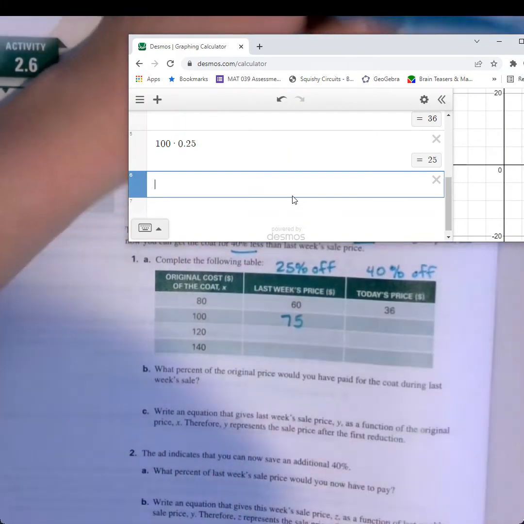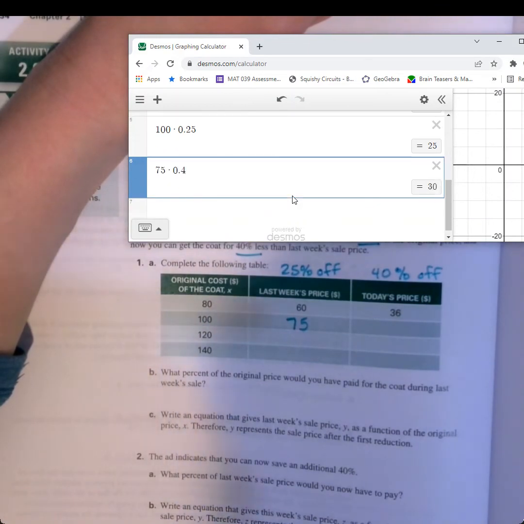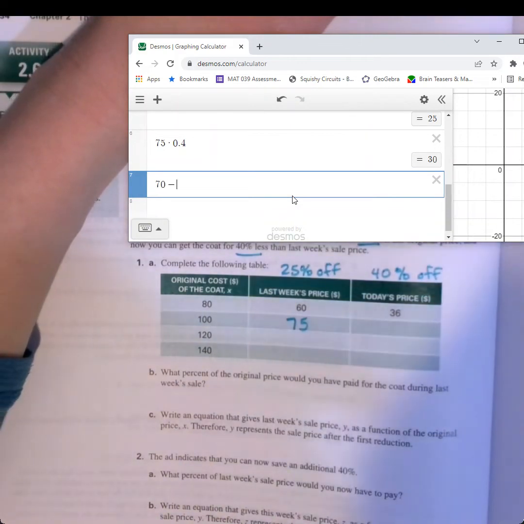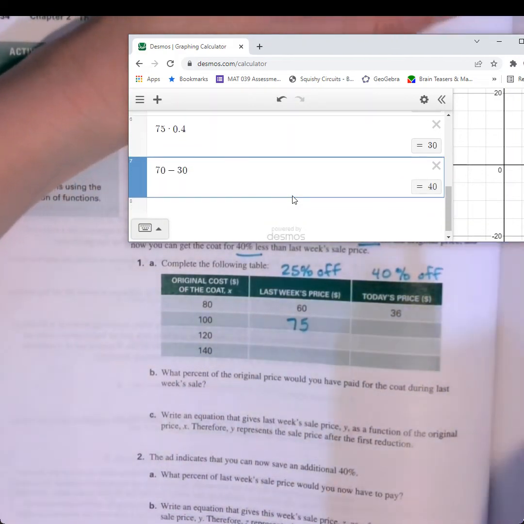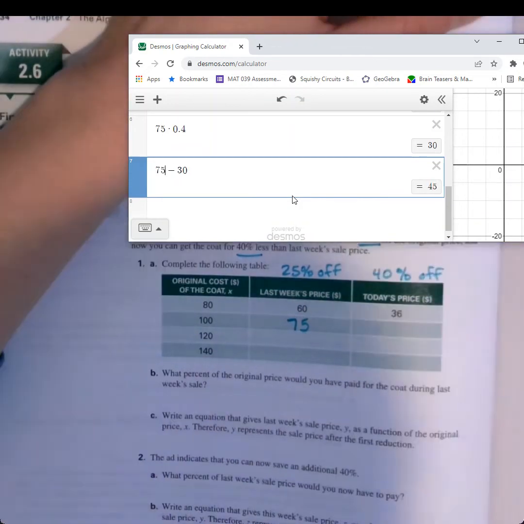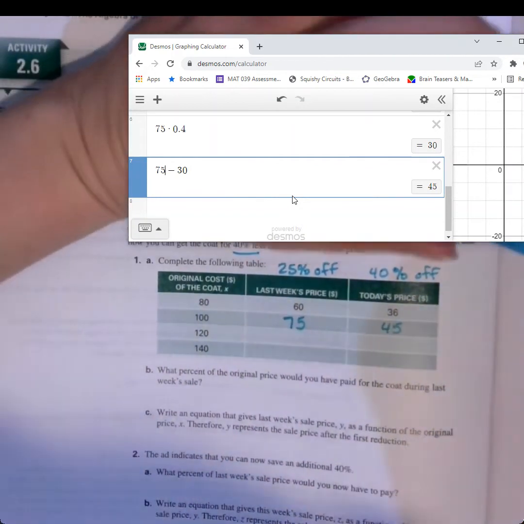So if I paid $75, then 40% off would have been $30 off. So my 75 minus 30, I would be paying $45 for the coat. $45 doesn't sound bad.